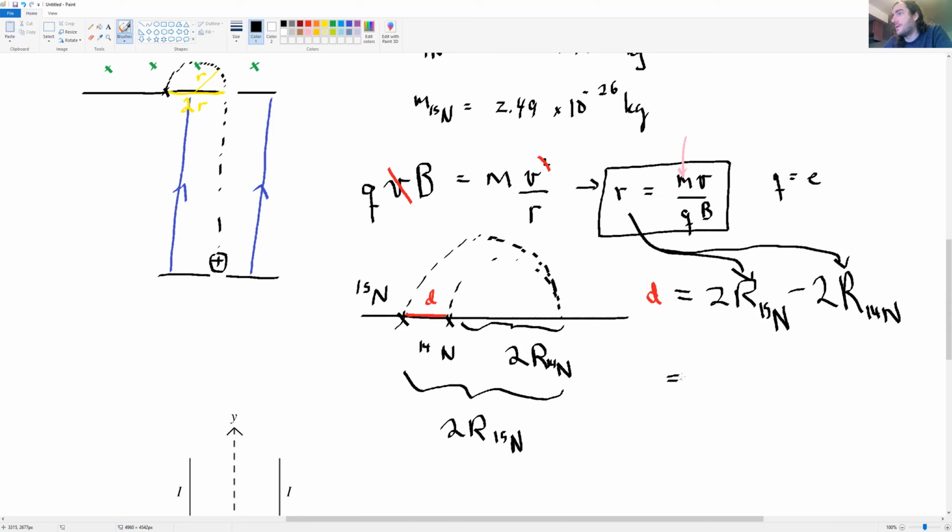To be just complete here, it's twice the mass of N15 times its velocity divided by e times the magnetic field magnitude. And I'm wondering at this stage, what did they give us for the velocity?